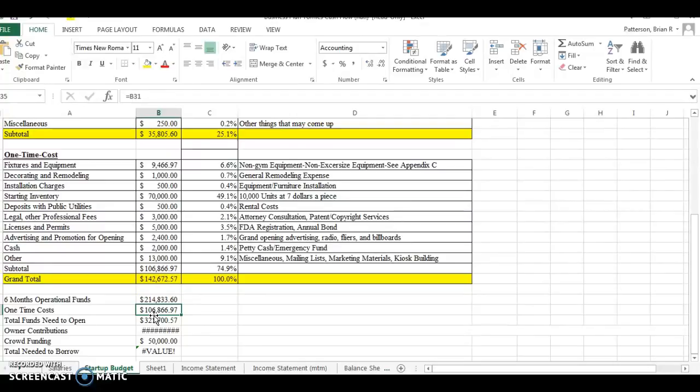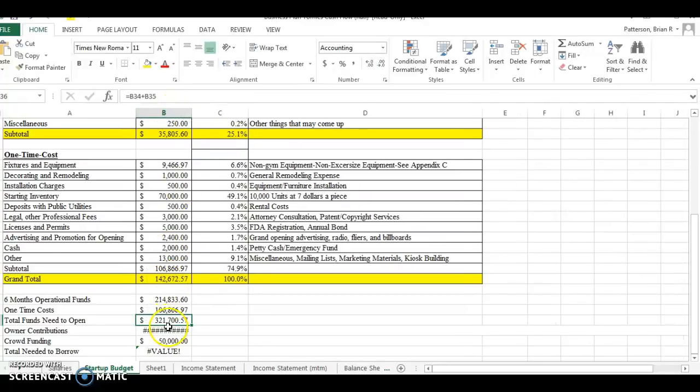Then we just put our one-time cost here, just an equal sign, the subtotal for your one-time cost. The formula's already in here, so it adds up your total amount needed to open. For the owner contributions, we're going to put in how much each of you is going to put in.